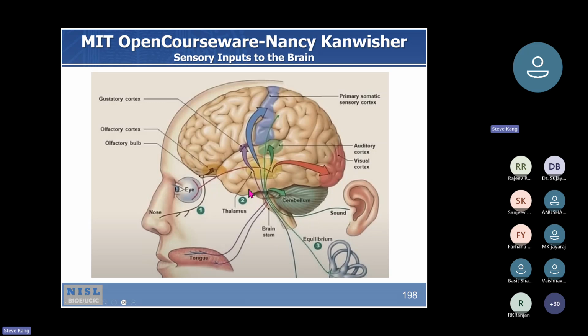It's all connected to the thalamus here, which receives it and relays to different cortices: the auditory cortex, the visual cortex, and the olfactory bulb or olfactory cortex related to smell, and so on. And then the cerebellum here is related to balancing our body.